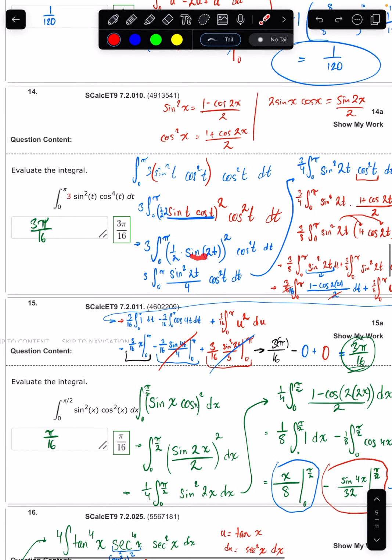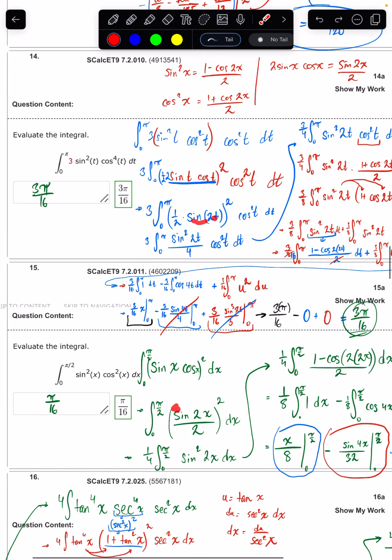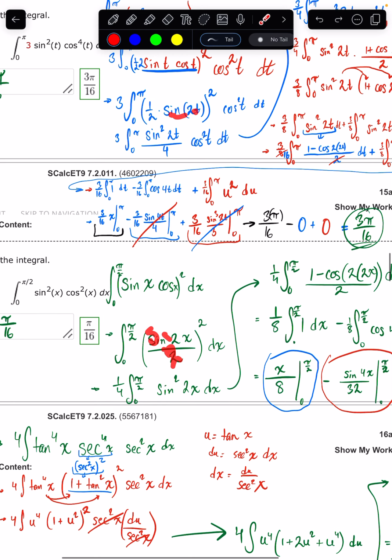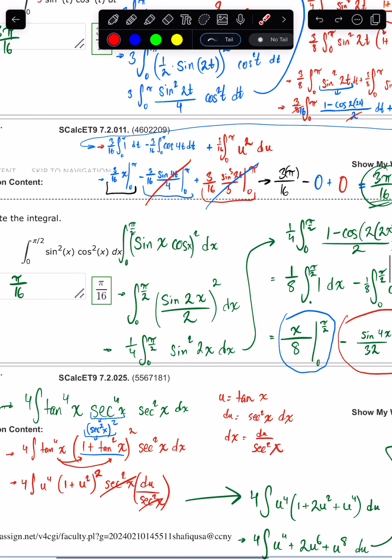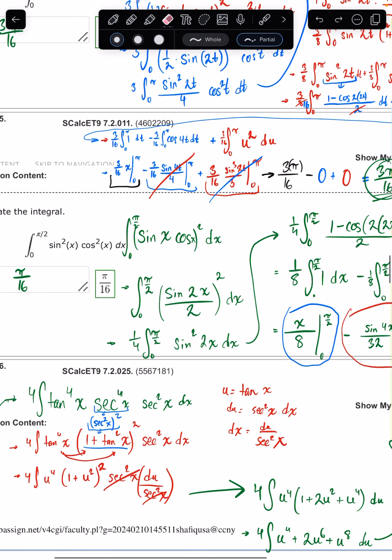Yeah, 1/2 times sine 2t, or here, 1/2 is here. And then after that, you can bring out the 2, becomes a 4 because of the square. Just distribute the square. This becomes sine squared 2x, and then bring out the 1/4.